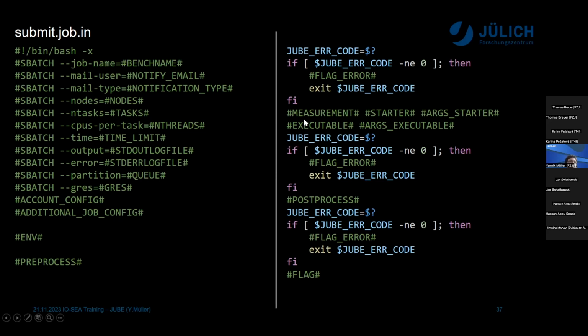It only had the done flag. So if you were using our template, then you didn't need to change anything because we changed the template so that it has this error flag, and you only need to set in the JUBE script, okay, I want to use the error flag now, and the template's already up to date.